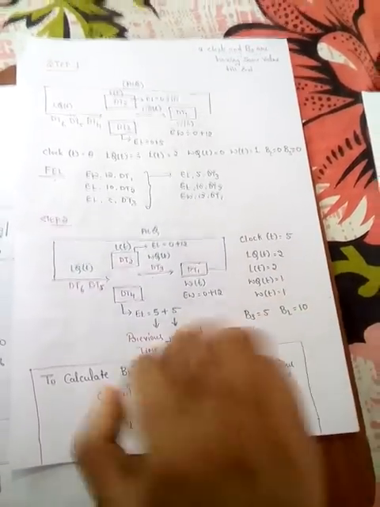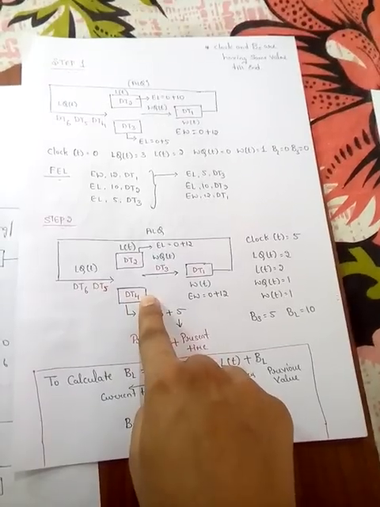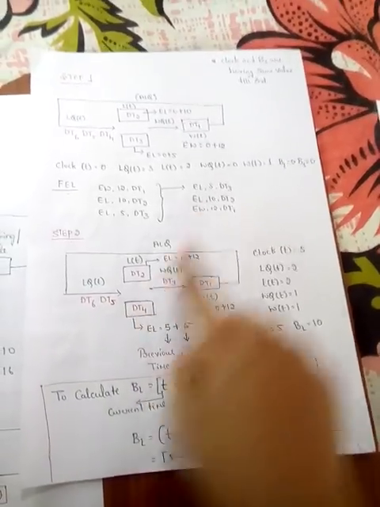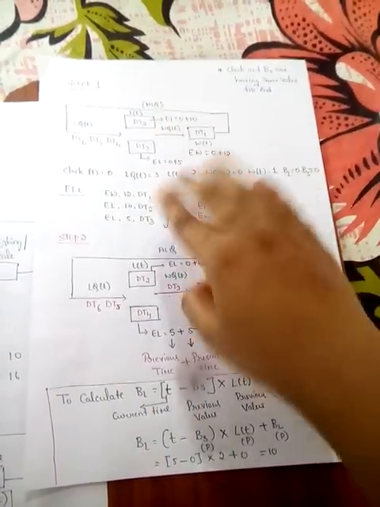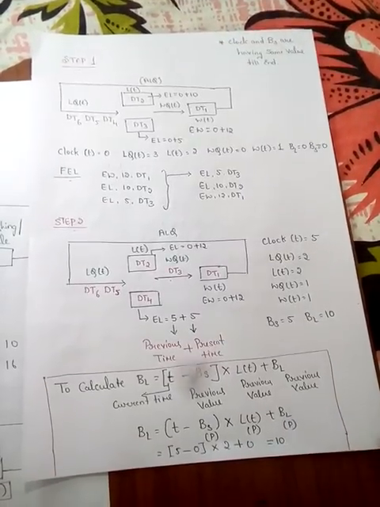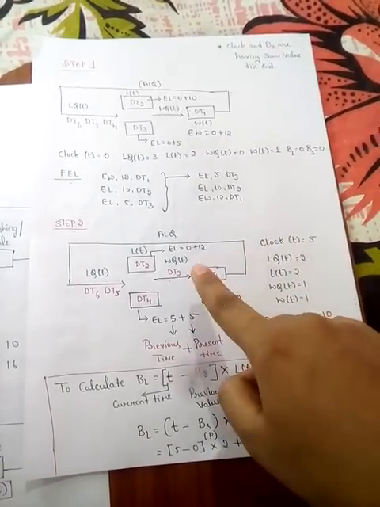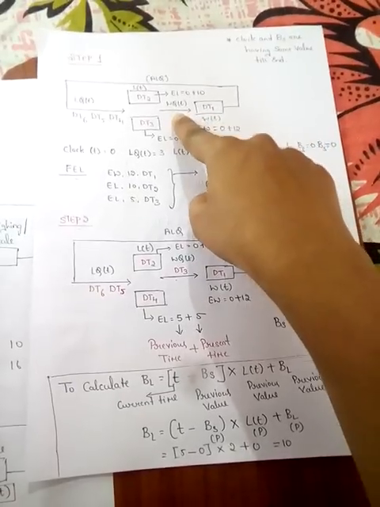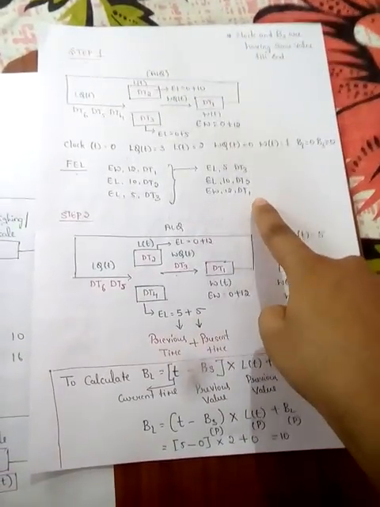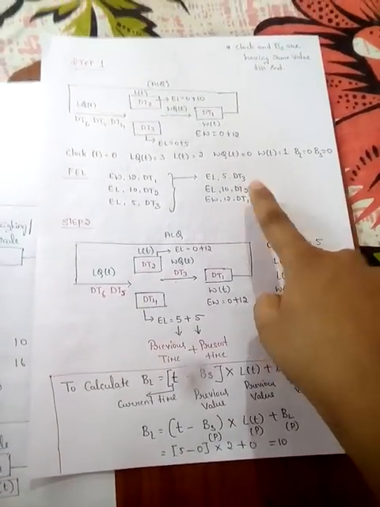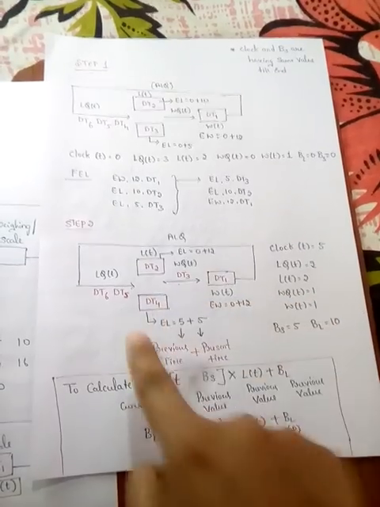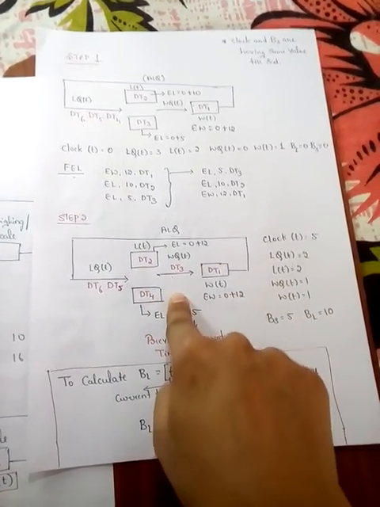Now what happens? The DT3 was loaded in my previous step 1. After the loading process completes, it has to move to the weighing queue because it has the least time value. It has 5 as the least time, so it has been moved to the weighing queue.